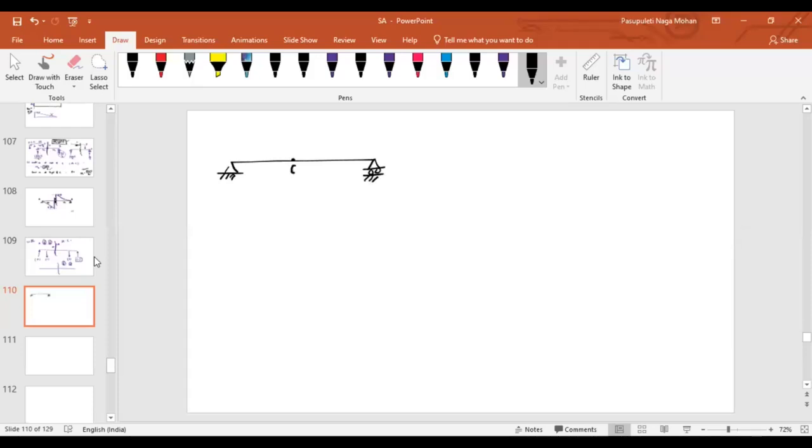Let us say I'm interested in the center point. I need to find the shear force at a point C. Let us say the point I have considered is at the midpoint. At first, let us say there is a load of 10 kilonewton.